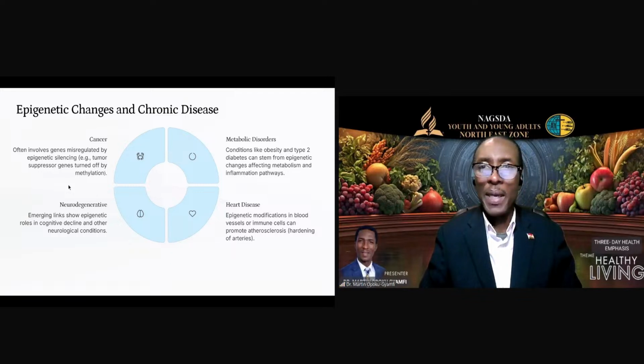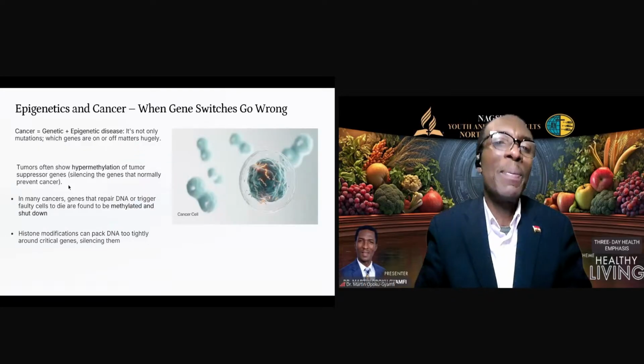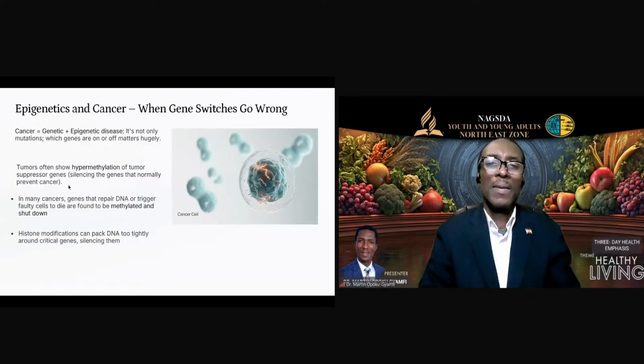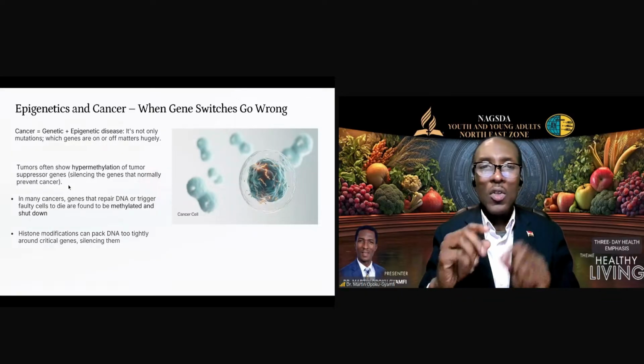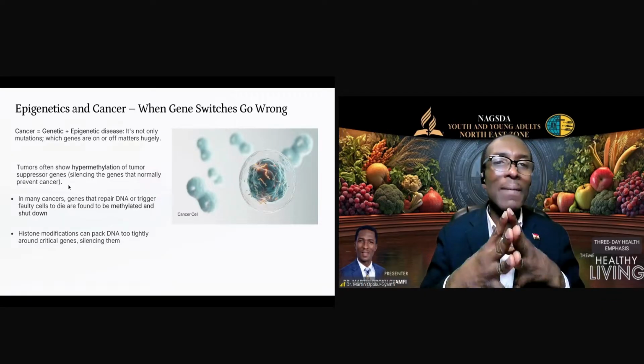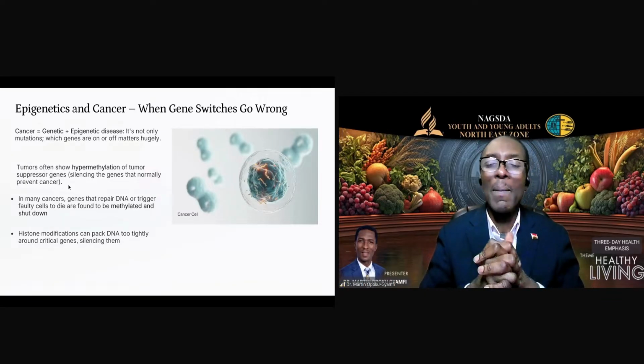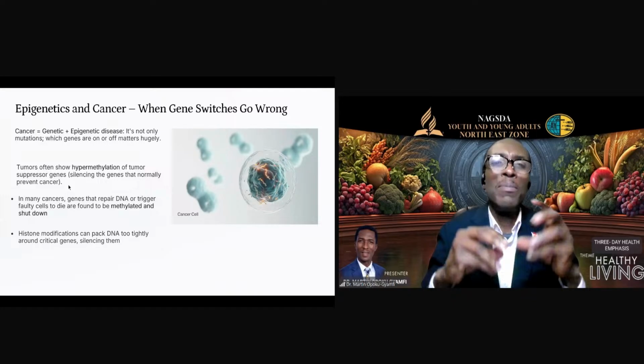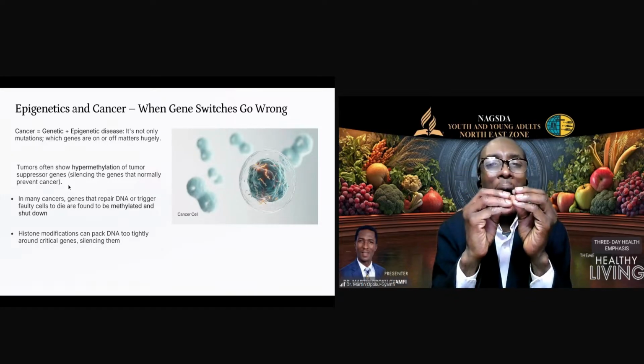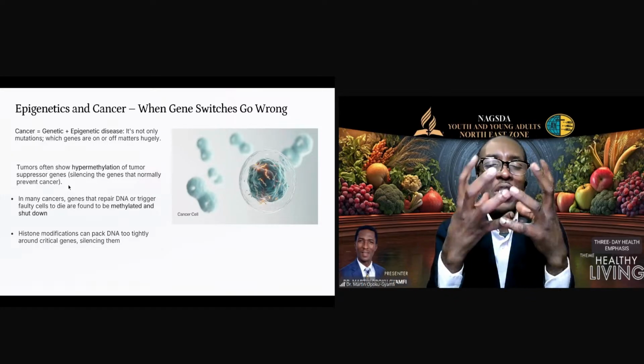topic. Now let's go into details. Let's look at epigenetics and cancer. When gene switches go wrong. So the research has shown that cancer, generally we talk about cancer as a mutation, when our DNA becomes mutated.